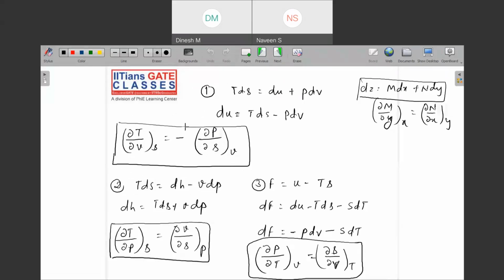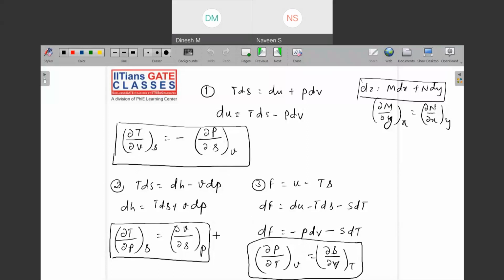Got the idea? Let us say that you are interested in finding out the temperature change by knowing the changes in other properties, right? So whichever fits the given scenario, you will go to find that one, and then you will apply.